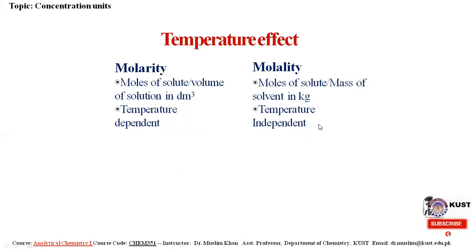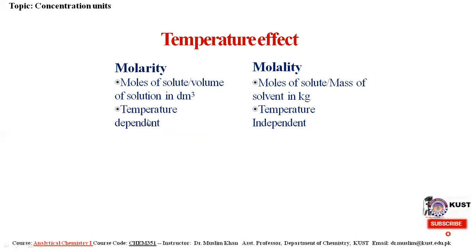I mean, when you take a 0.1 molal solution here on earth and a 0.1 molal solution somewhere else, on some other planet, it will remain the same, because this is the solvent in kg, so this is molality. It will not change.